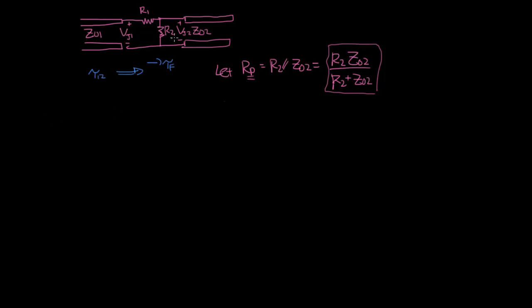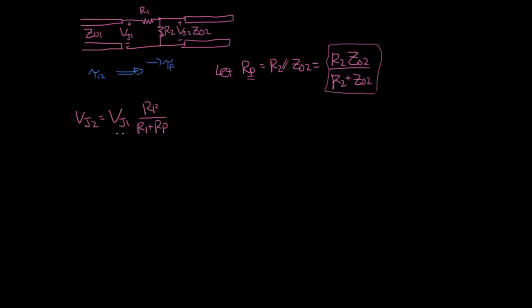And so now what we want to do is relate the two junctions. So VJ2 is going to be simply a voltage divider between R1 and this equivalent resistance RP. So VJ2 is going to be equal to VJ1 times RP over R1 plus RP.